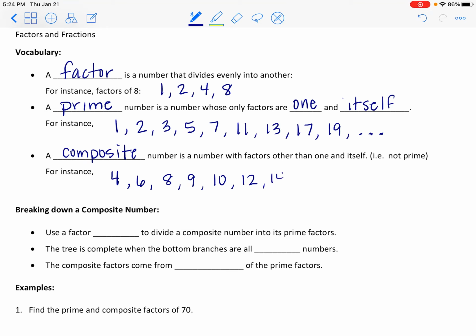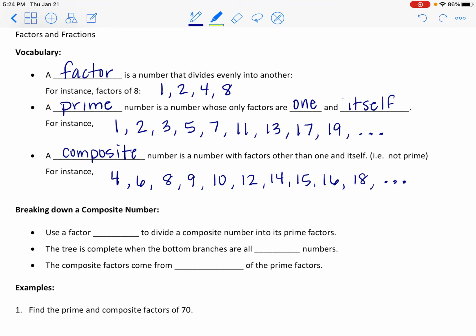Let's see, 14, 15, 16, 18. Sometimes people confuse the words even and odd with prime and composite, but you can have both in both groups. In the prime number group, they're mainly going to be odd numbers. There is only one prime number that is even, and that happens to be 2. The rest of them are odd, but prime doesn't have to mean odd.